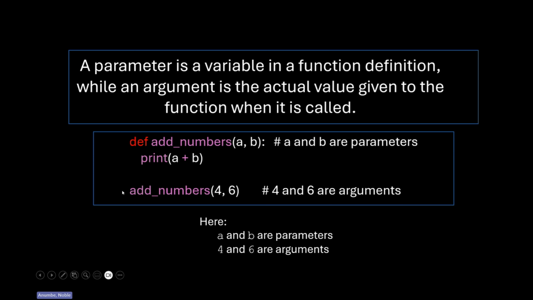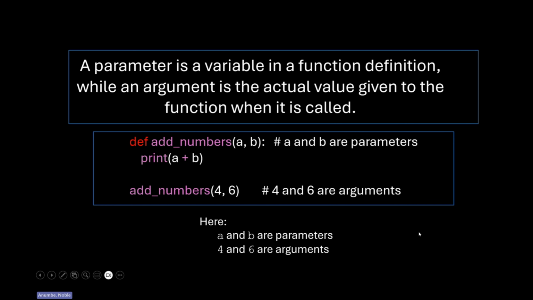So this is me making a function call. I use the function name and I'll say 4, 6. All it does is map this: A now becomes 4, B becomes 6. And once you do that, your output is going to be 10, because 4 plus 6 gives us 10.